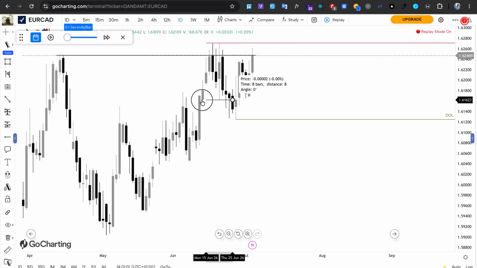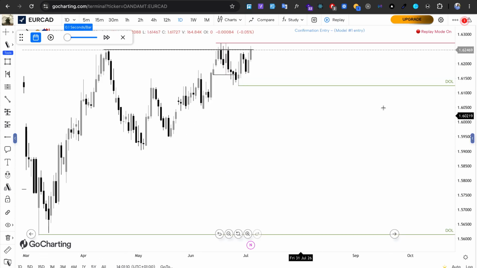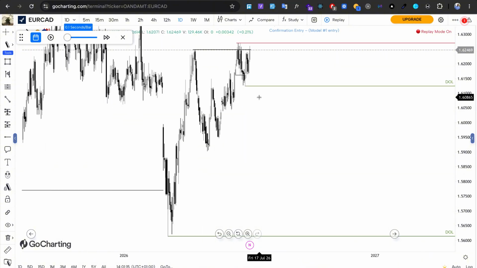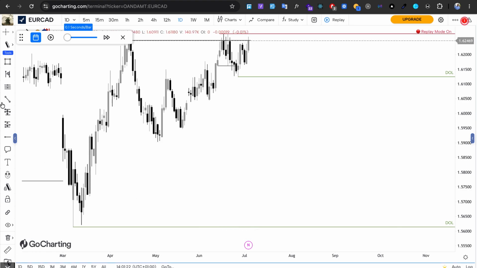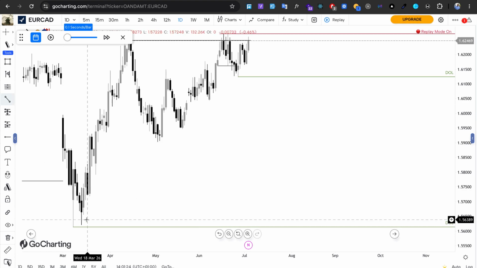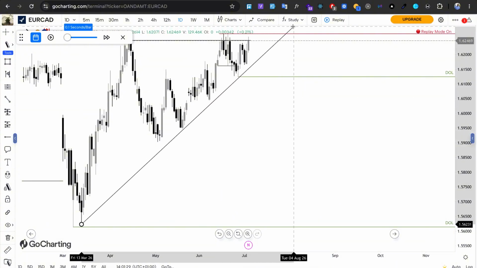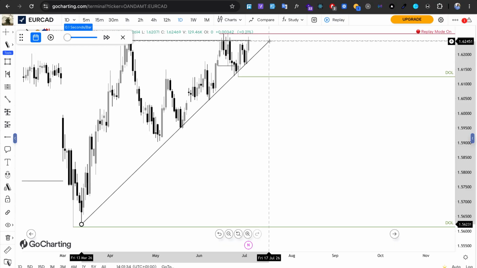So this is like a visible change in state of delivery, right? So from the weekly now, if you look at it very well, we still have this as our range, but as you can see now, if you look closer, there's a trend line here, right? There's a trend here.